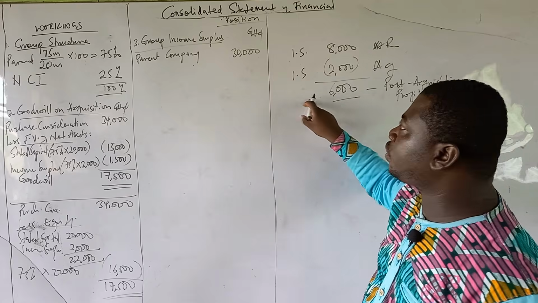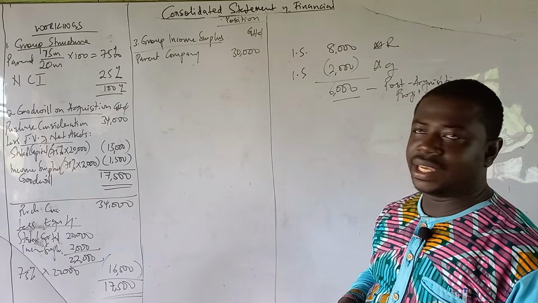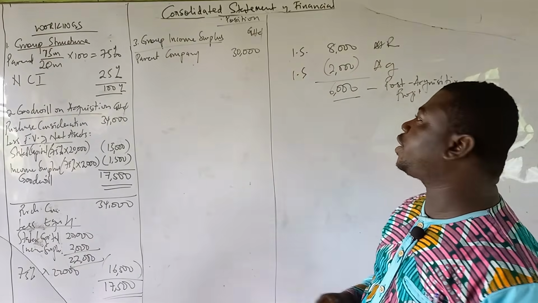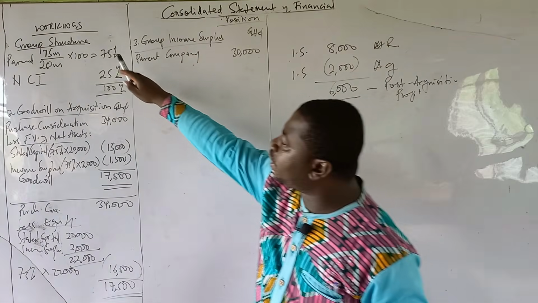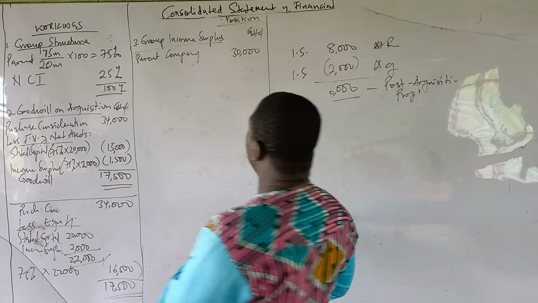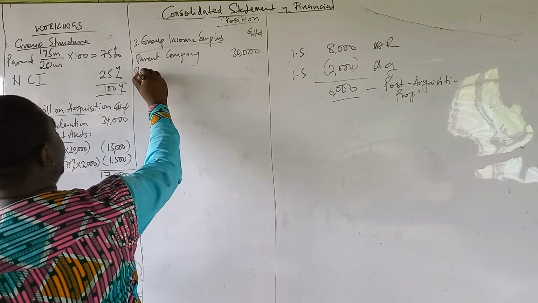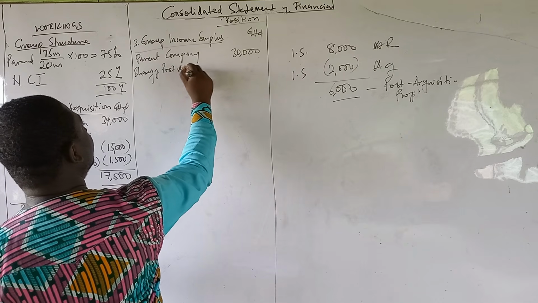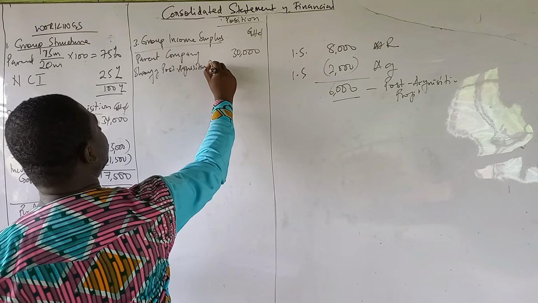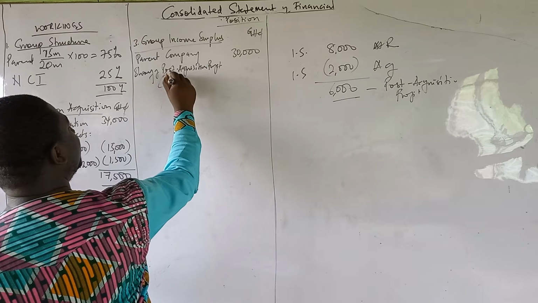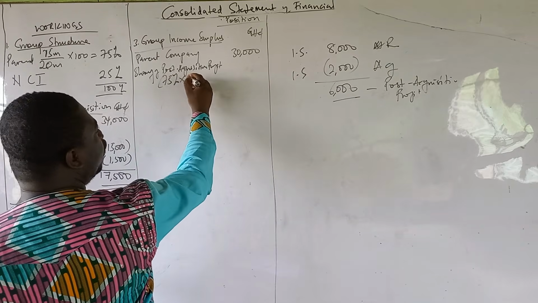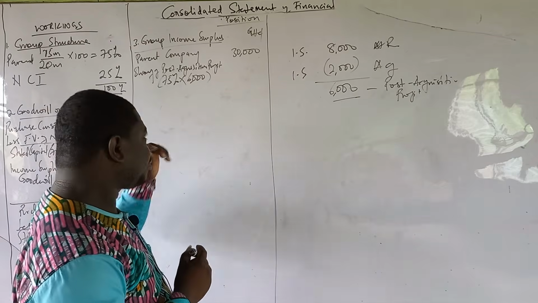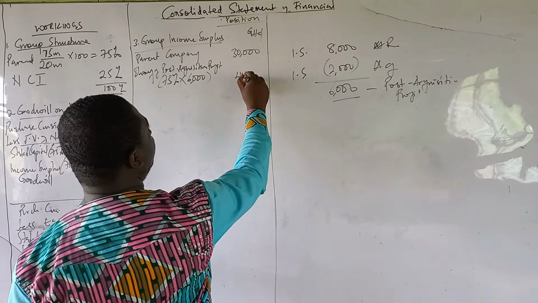And this post-acquisition profit, the group has a share because NCI is not part of the group. So the P Limited group has a share and their shareholding is 75%. And so we will have to calculate the share of post-acquisition profits, and that is going to be 75% of 6,000, which will be 4,500.